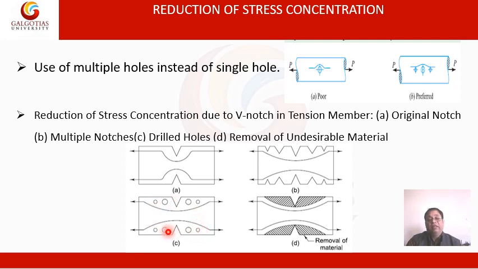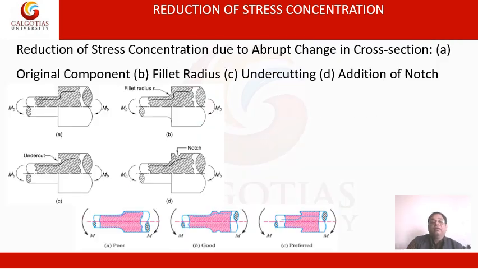So again, this is one more method to reduce the stress concentration. And in the last, you can see additional material is removed from the mechanical component, from the nose side. So here again the stress lines are smoother in comparison to figure A.